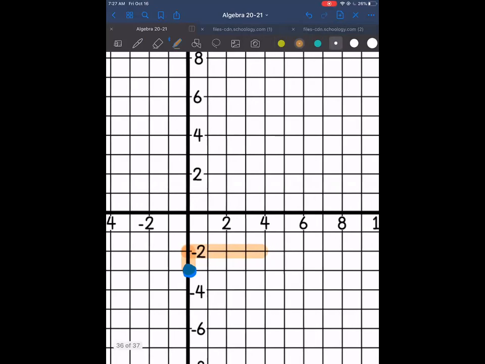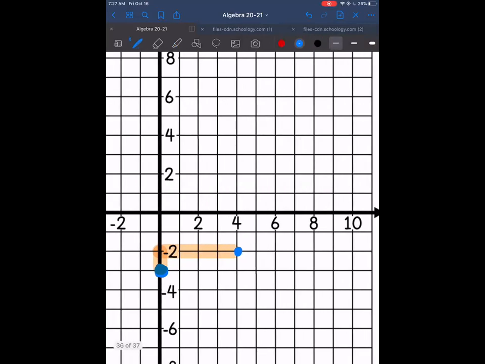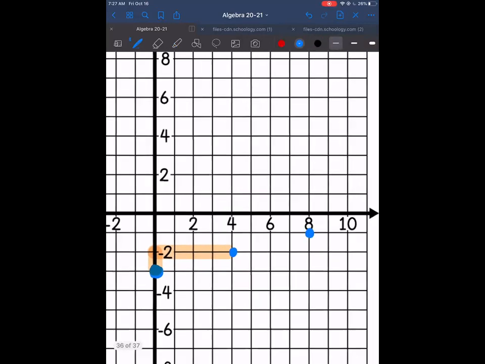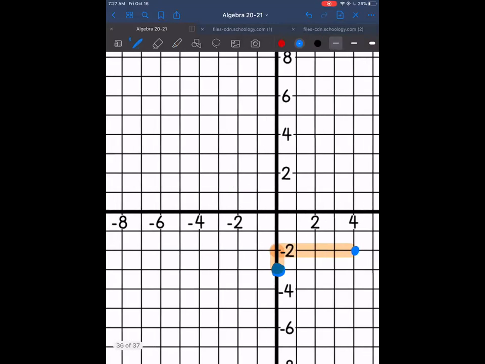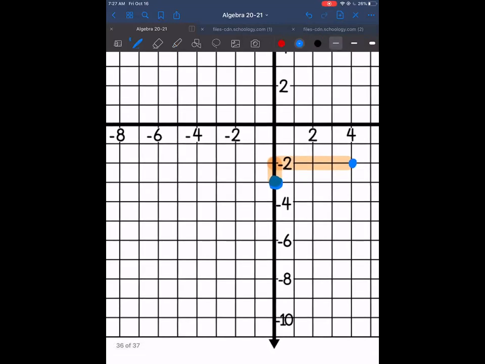So my next point is here, up 1 over 4 again. You can only do 3. On points and slopes, I like to plot as many points as I can. It just helps me draw a straighter line. So I also go in the opposite direction. Instead of going up 1, if it's a positive slope, I go down 1 and to the left 4.